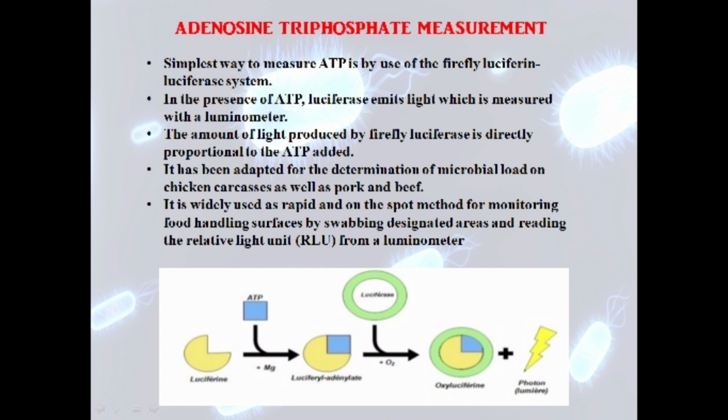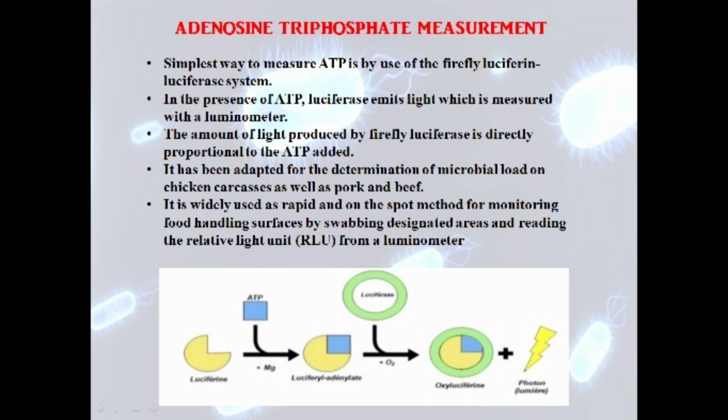Adenosine triphosphate measurement. The simplest way to measure ATP is by the use of the firefly luciferin-luciferase system. In the presence of ATP, luciferase emits light, which is measured with a luminometer. The amount of light produced by the firefly luciferase is directly proportional to the ATP added.